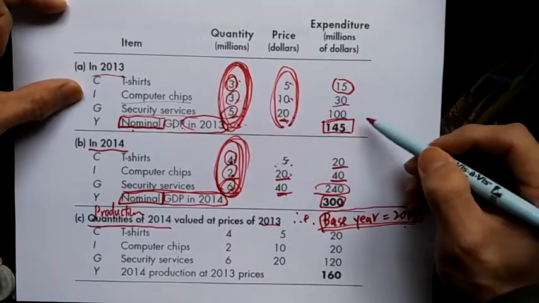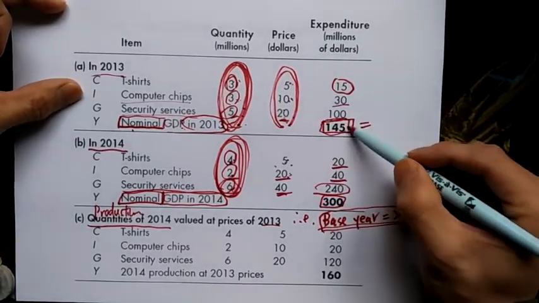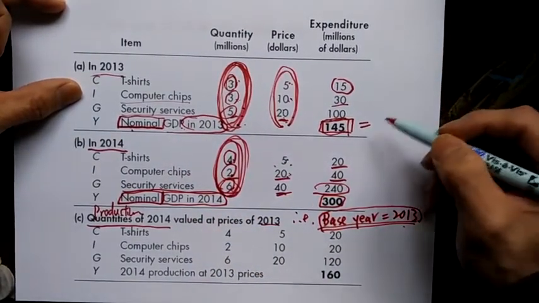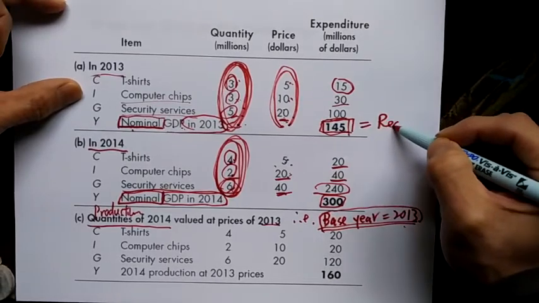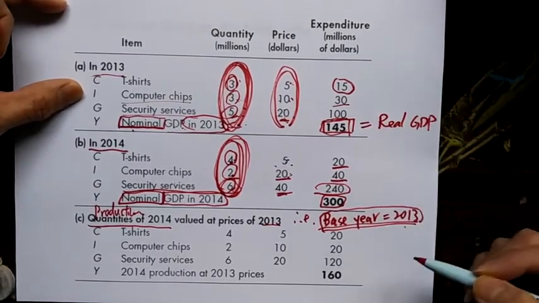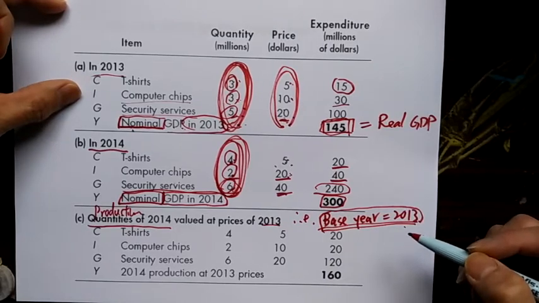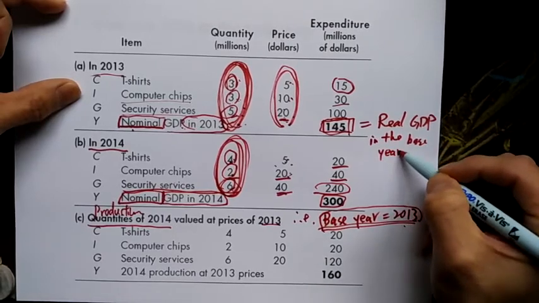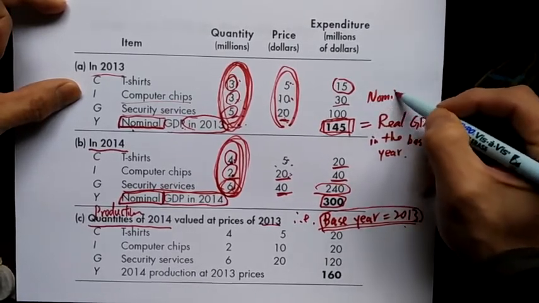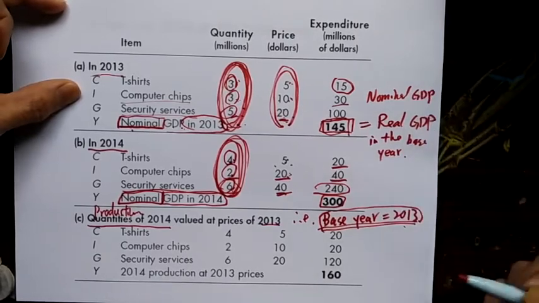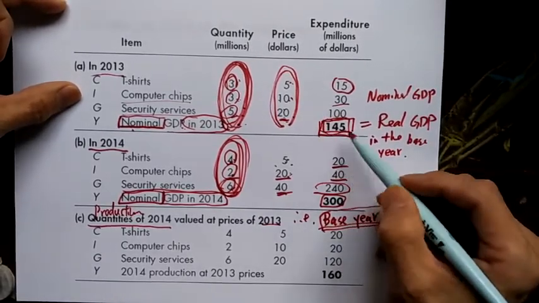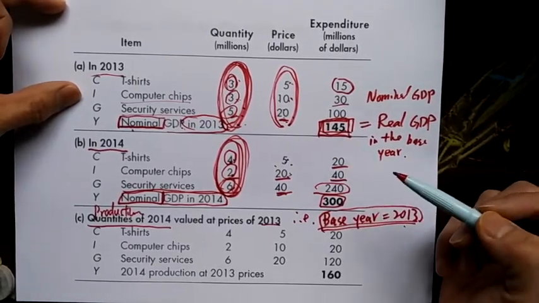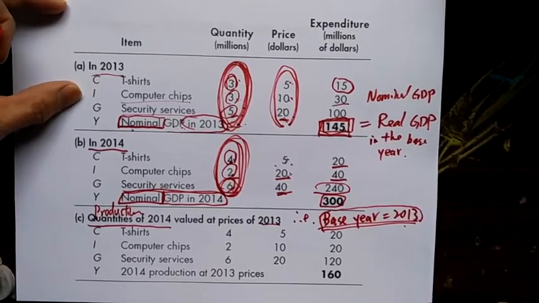The answer is exactly the same number, right? That's how we calculate the nominal GDP. Therefore, in the base year, nominal GDP is equal to real GDP. Okay, so the real GDP in 2013 is $145 in 2013 dollars.